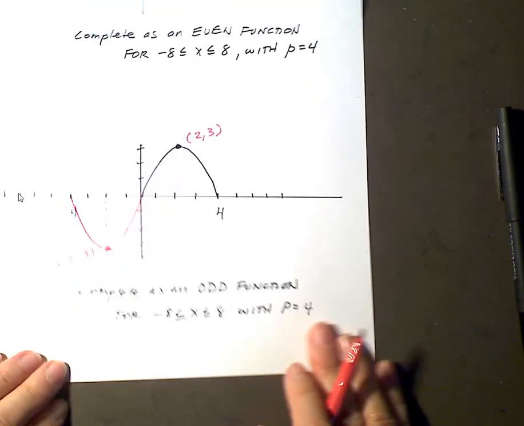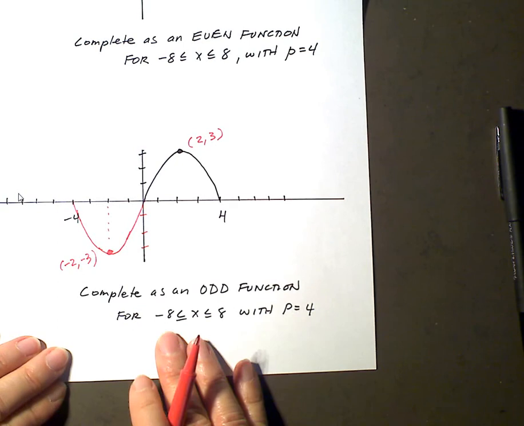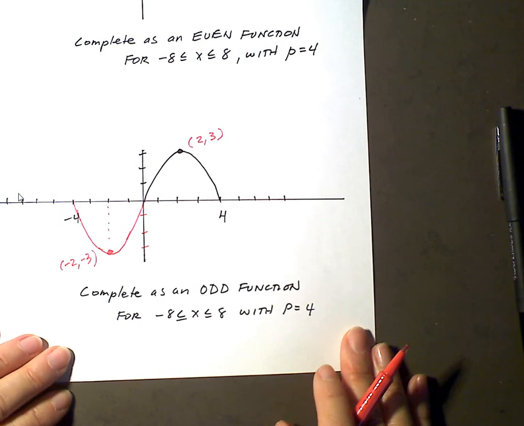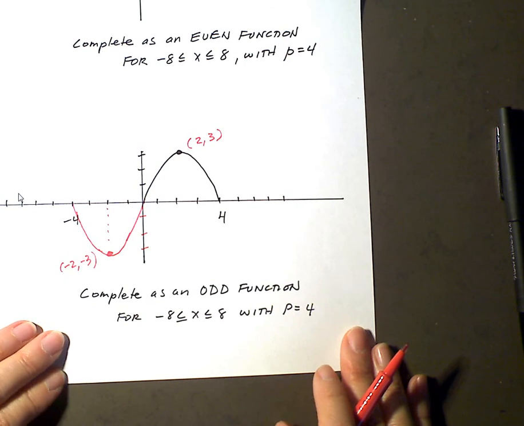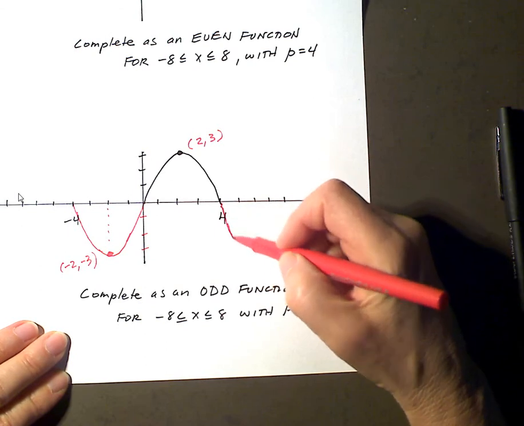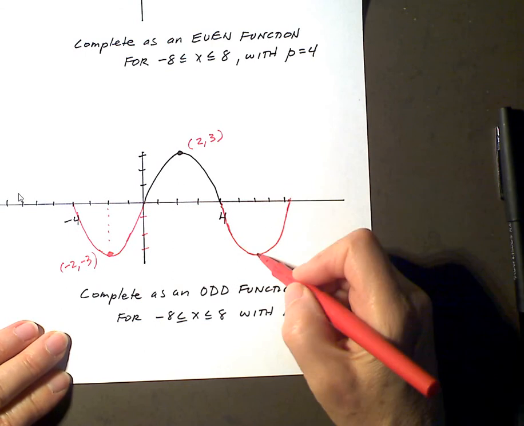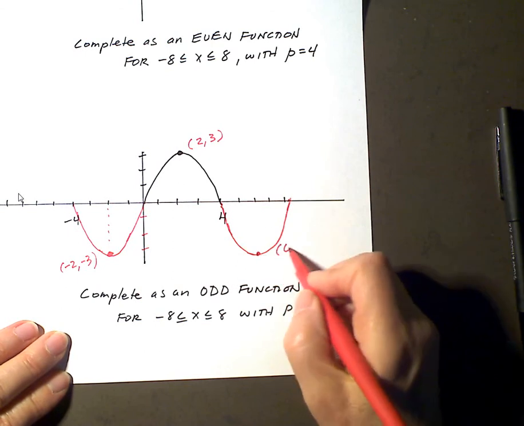Okay, and if I have to continue to repeat this function between -8 and +8, we could kind of draw it two ways. So I'm just going to make it look like this and come up to 8 here, and this will be at the point 6, -3.